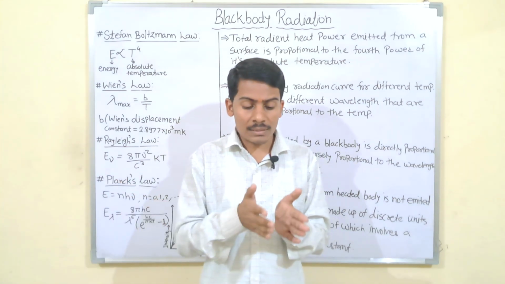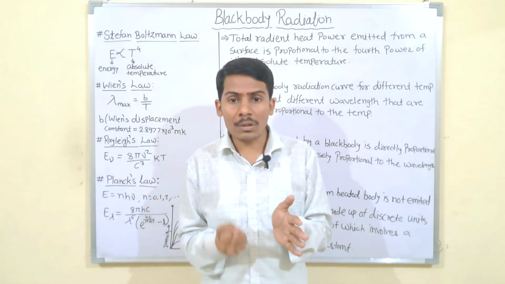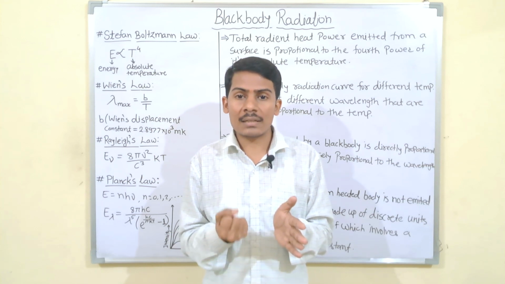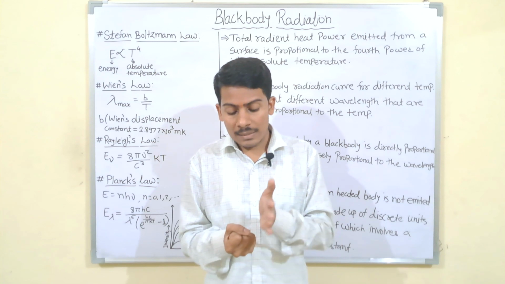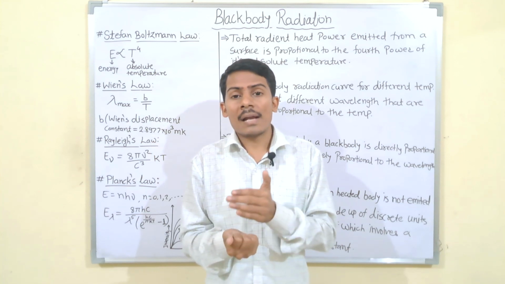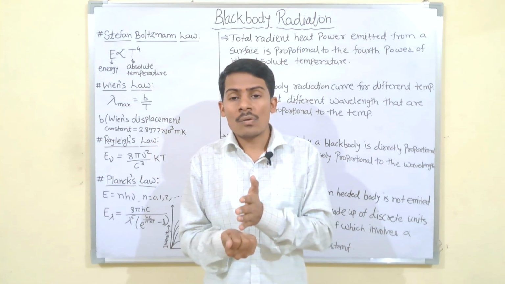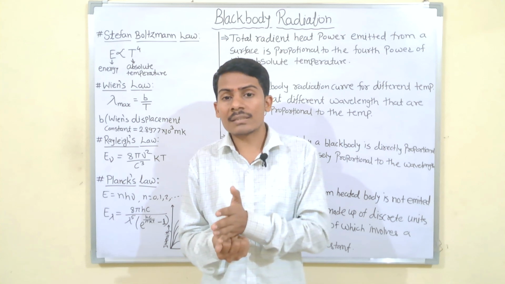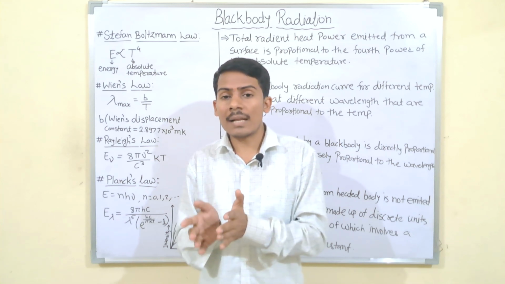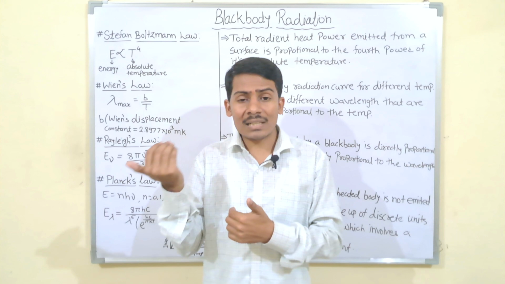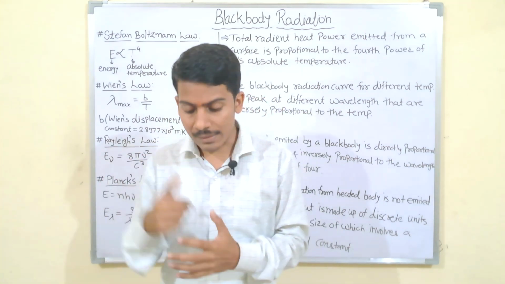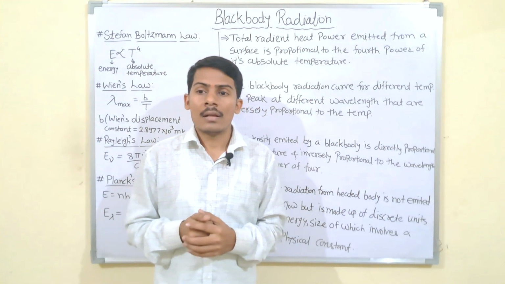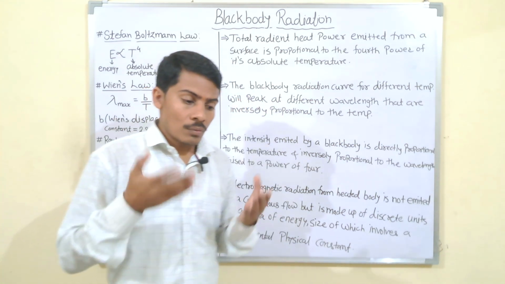First, if it absorbs the whole range of colors, at that time it has a color that is black, and after that, while heating, it changes its color: first red, then yellow, then white.